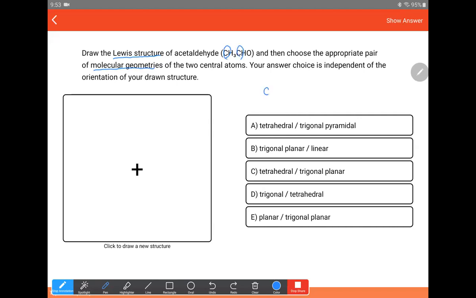So a rough sketch would be this H, and then we've got to figure out how it bonds to that oxygen. So we can think of each of these carbons as its own central atom. So let's take a look here.